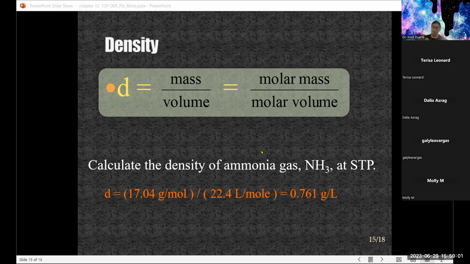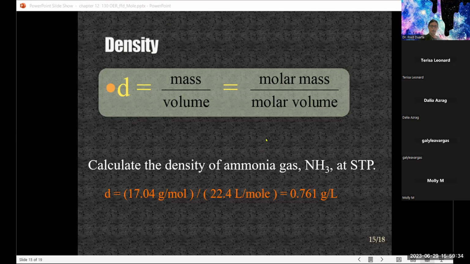And we know that the molar volume at STP is 22.4 liters per mole. If you look at the units, you end up with grams per liter, which is not the normal units we use for density, which was grams per milliliter. But for gases at STP, normally those are the units of grams per liter, which is mass over volume, okay?